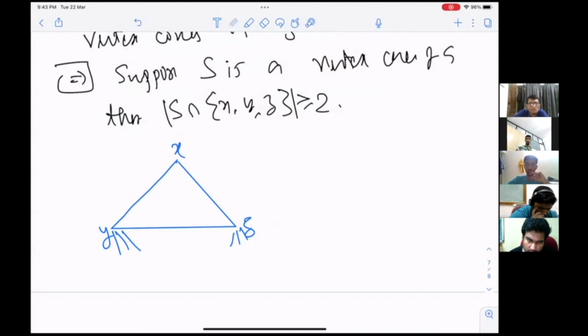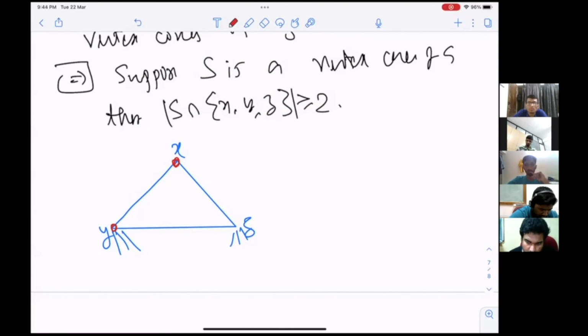Now suppose X and Y are in the solution. Then what is the role of X? Because then the role of X is like a degree 1 vertex, since it will only be covering XZ. Think that if Y is in the solution, you delete Y first. Then what is the degree of X? It becomes a degree 1 vertex.